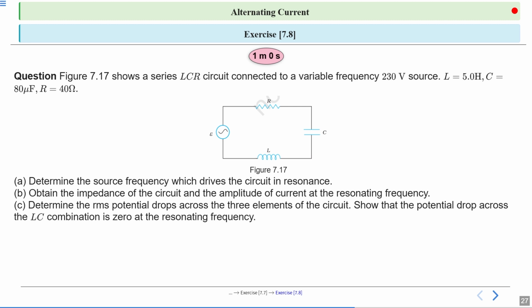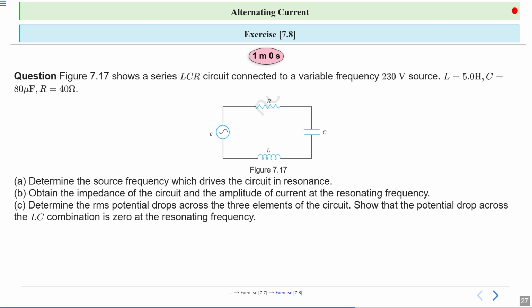Part C: determine the RMS potential drop across the three elements of the circuit. So across all the components, resistance, capacitor and inductor, you have to calculate the RMS potential drop, VRMS. Show that the potential drop across the LC combination is 0 at resonant frequency.